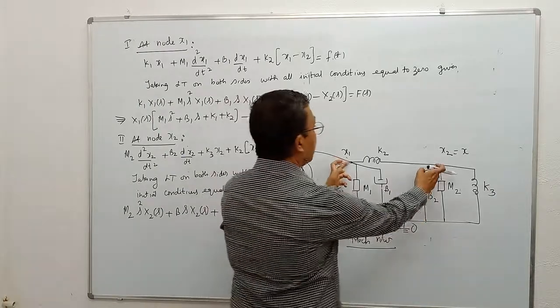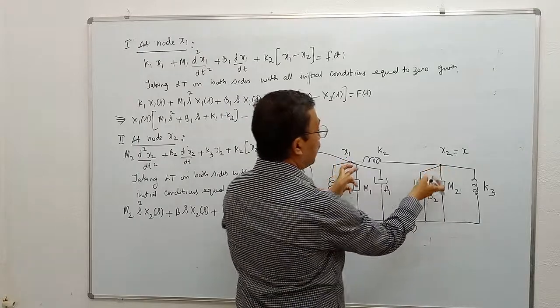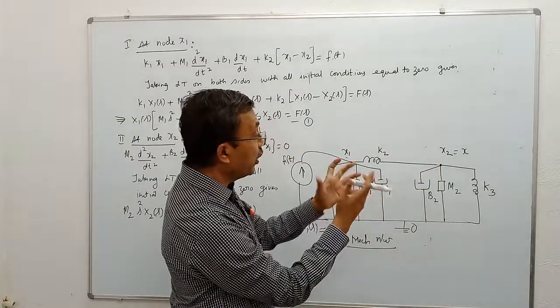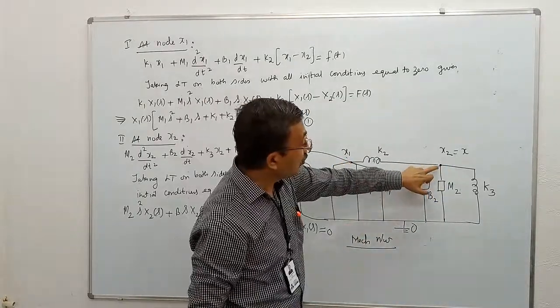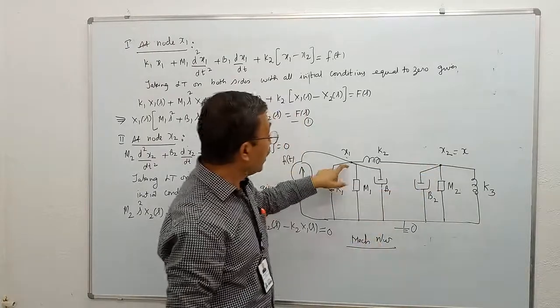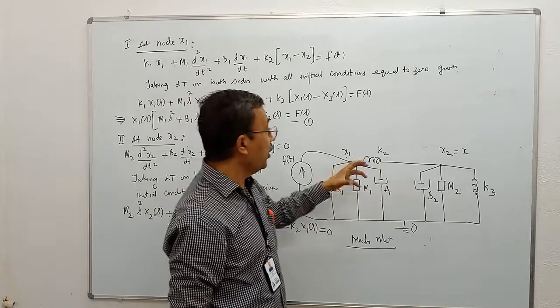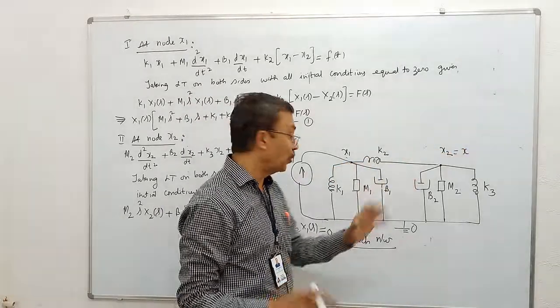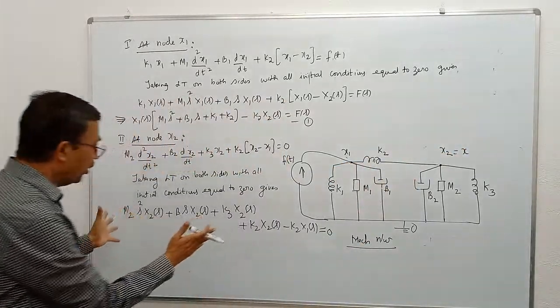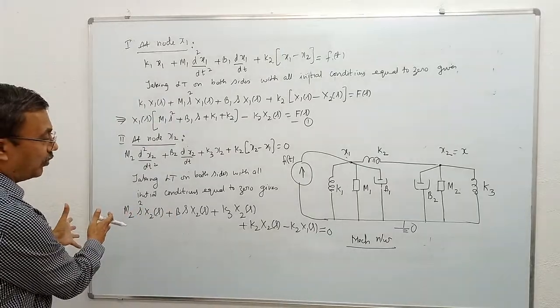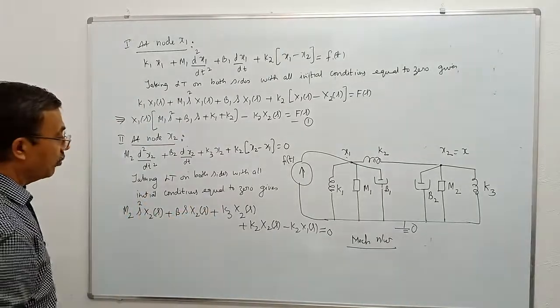If you had B2 here, it would have been B2 into d by dt operating on X2 minus X1 if the equation were written at node X2. If the equation were written at node X1, it would have been B2 into d by dt operating on X1 minus X2. Very simple. Now rearrange the terms by writing X1 of s terms separately, X2 of s terms separately.